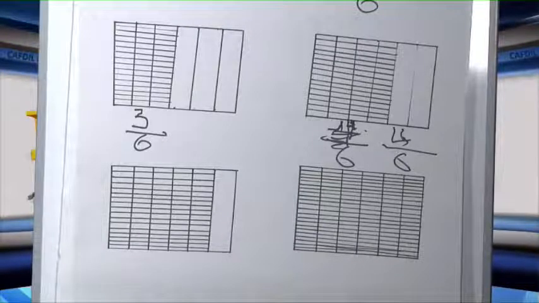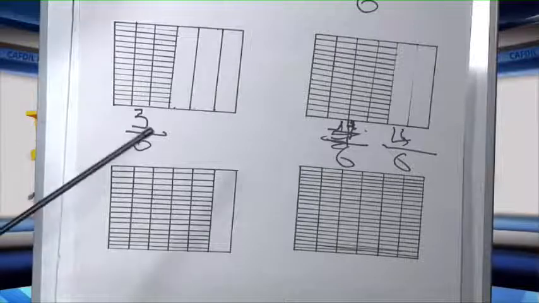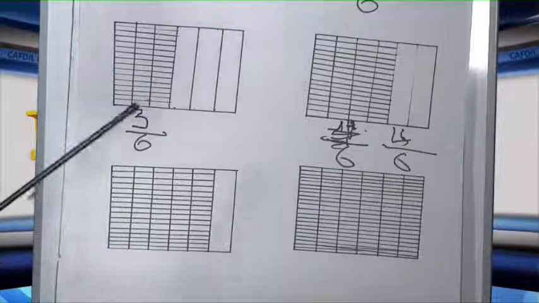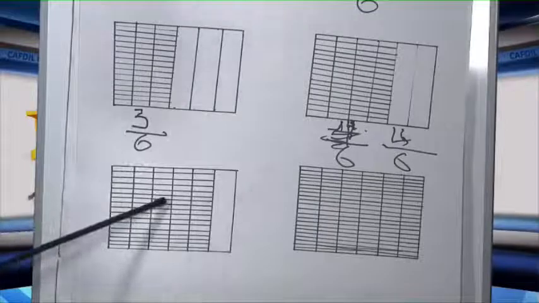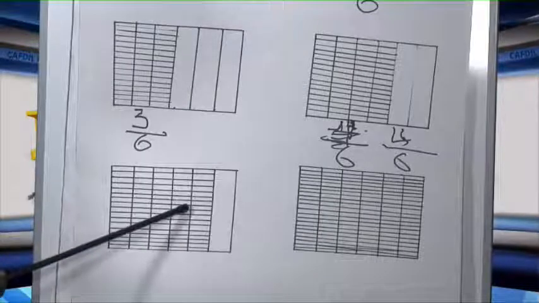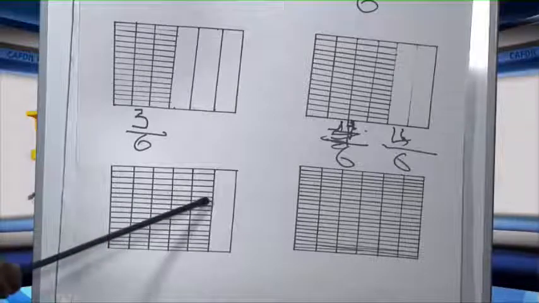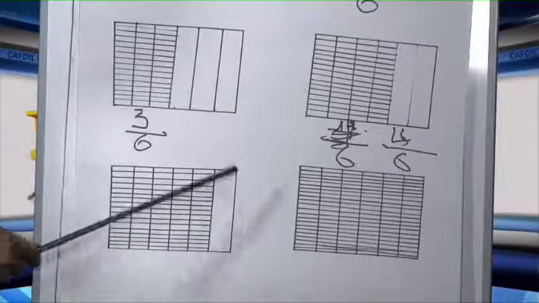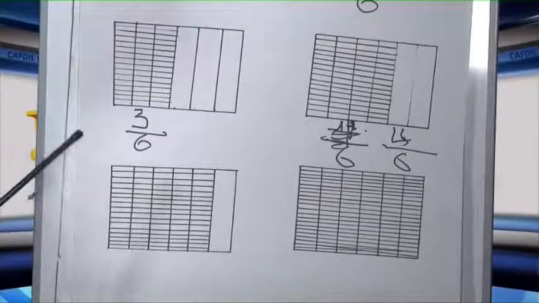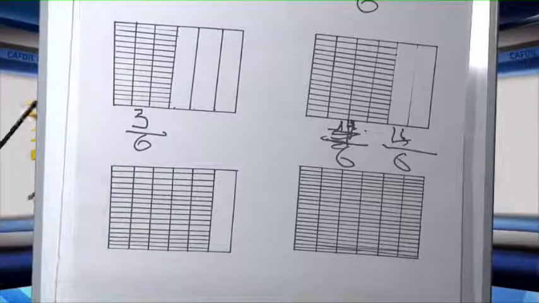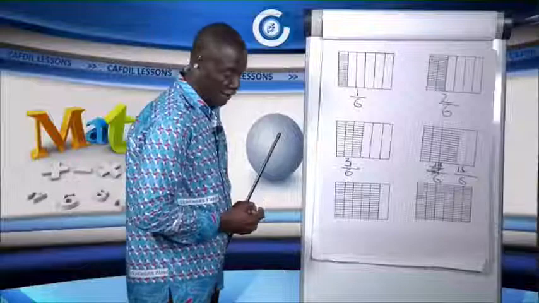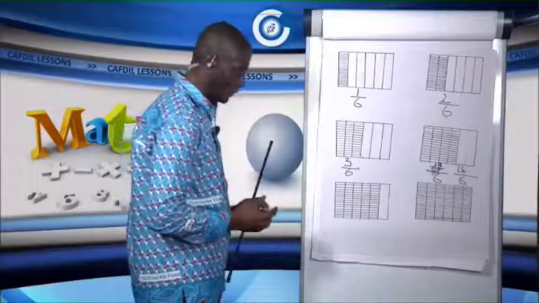How many parts have been shaded? 1, 2, 3, 4, 5, 6. And so what fraction has been shaded inside this rectangle? Very good. 5/6.